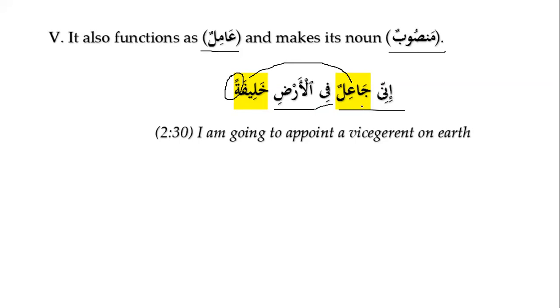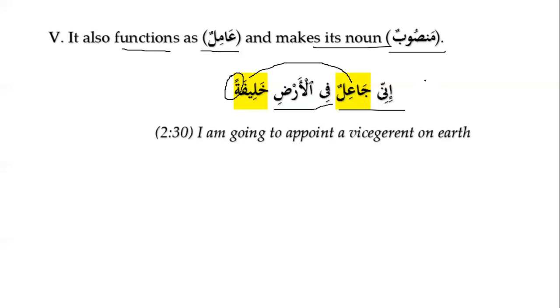Here ja'ilun is khabaru inna, but at the same time it has impact on the noun that follows it, and the noun is khalifatan. So as we can see here, it also functions as amil and makes its noun mansoob. This is not always the case, but we need to know that ismul fa'il also functions as an amil, and we have a very good example here in the Quran.